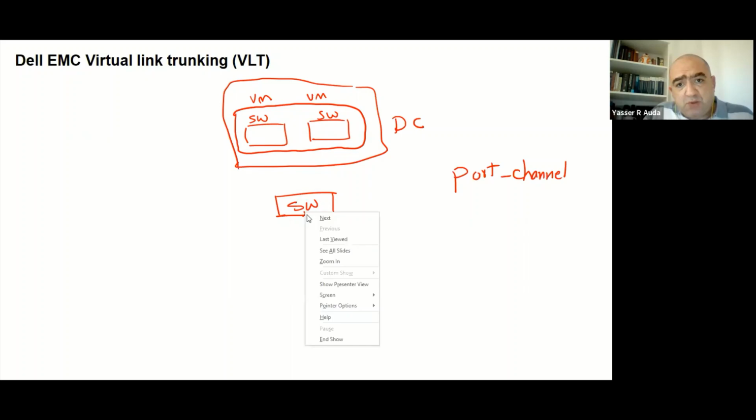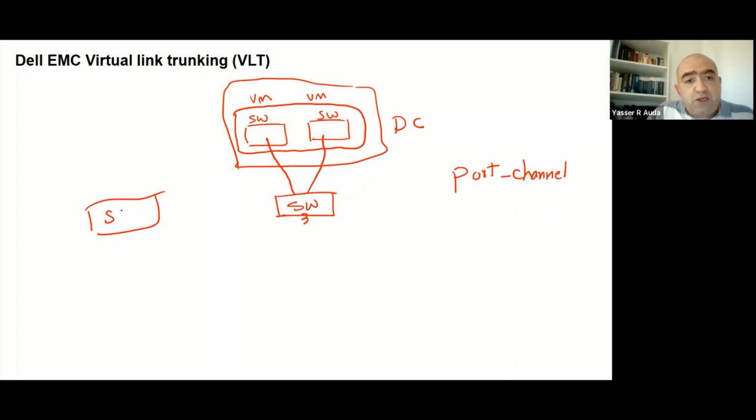Let's assume this is switch number 3. So switch 3 will look at these two switches like one switch. That means if you want to have a port channel link, it will have one link connected to each one of them. But from the perspective of switch 3, it is connected to one switch with two port channel links.